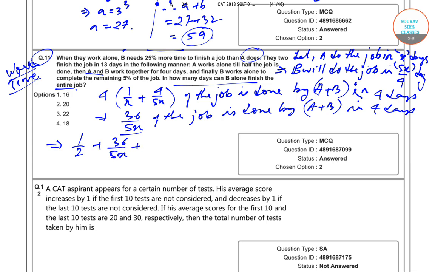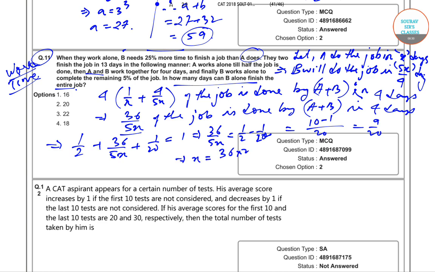5% of the work will be 1 by 20, and this entire thing will be equal to 1. So that implies 36 by 5x will be equal to half minus 1 by 20. If we take the LCM 20, this will be 10 minus 1, which is 9 by 20. So x will therefore be equal to 36 into 20 by 5 into 9.